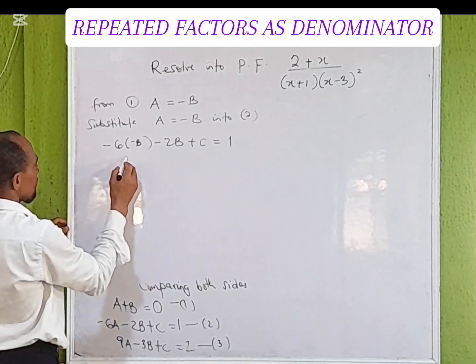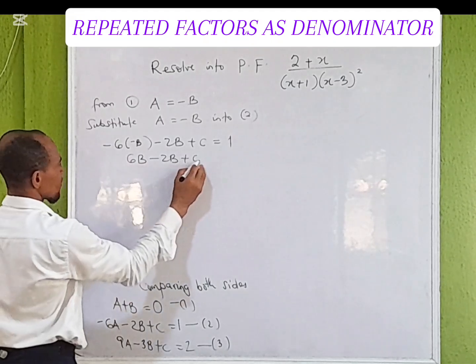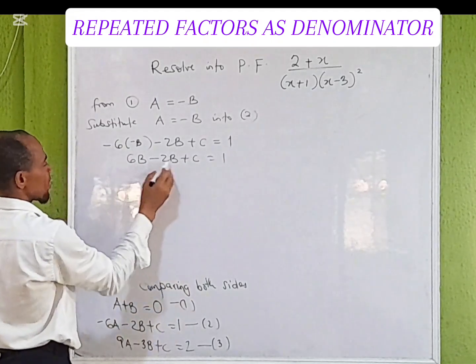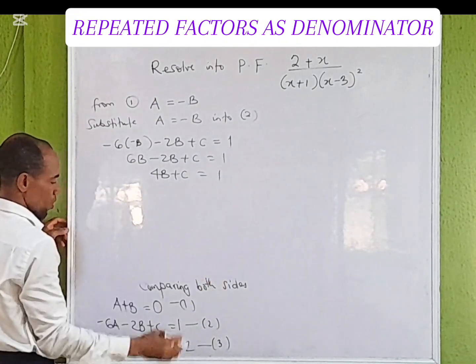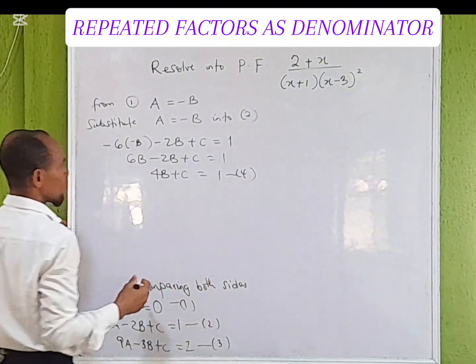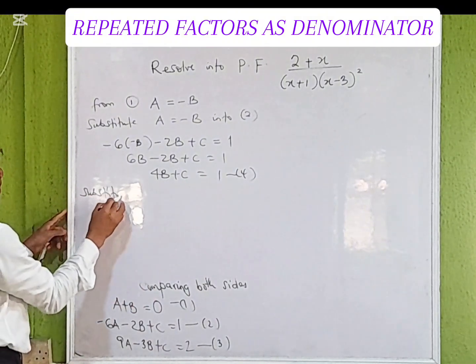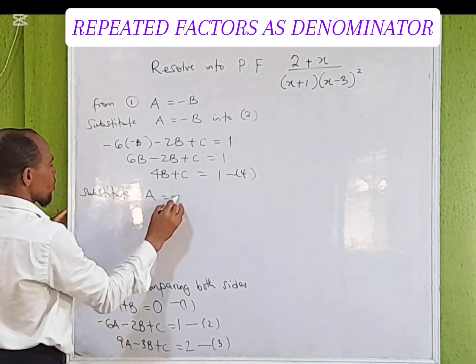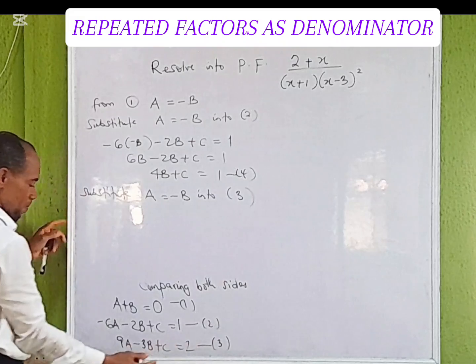So we have here plus 6B minus 2B plus C equals 1. And 6B minus 2B is 4B plus C equals 1. We call that equation 4. In a similar way, we substitute the same A equals minus B this time into equation 3.